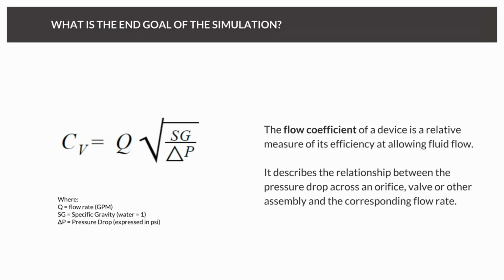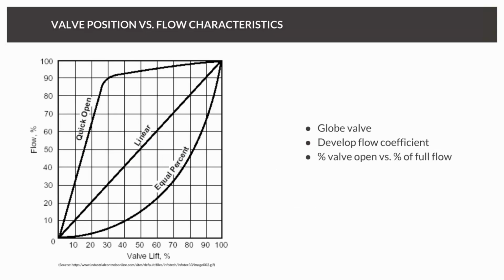So it just describes the relationship between pressure drop and a corresponding flow rate. Now, how this is usually set up is you fix the pressure delta and then look at flow rate. So usually the setup is that the pressure delta is 1 PSI. We're using water, so specific gravity is 1, and this actually just reduces to being a function of flow rate. So this is what we're after.